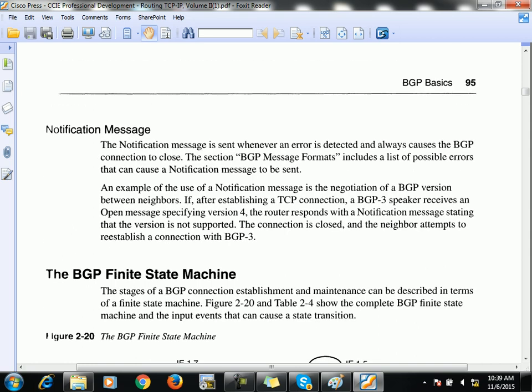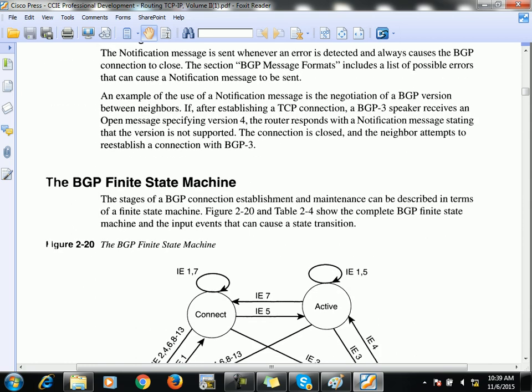Now the notification message is done, and finally let's talk about the FSM in BGP. That is really important from an interview perspective as well. Anyone can ask you what the FSM of BGP is. Finite state machine.